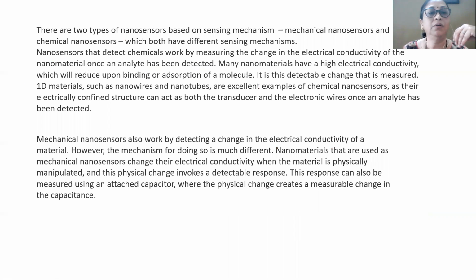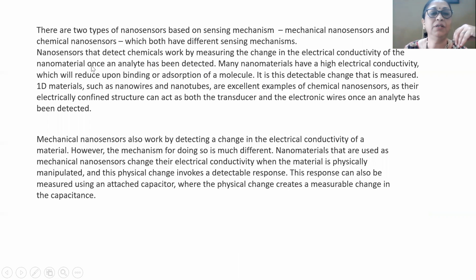Now, there are two types of nanosensors based on sensing mechanism. One is called mechanical nanosensor and another is called chemical nanosensor, and both have different sensing mechanisms.